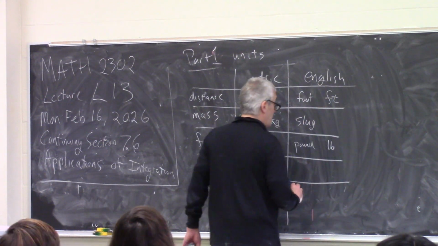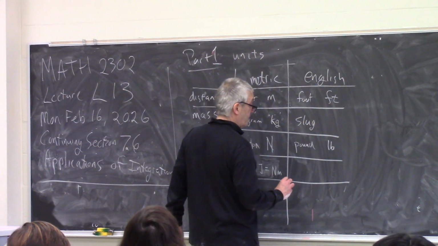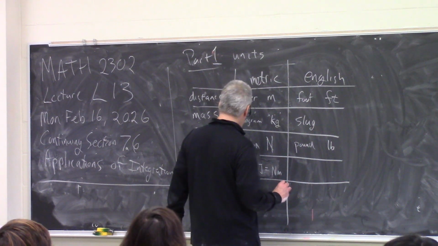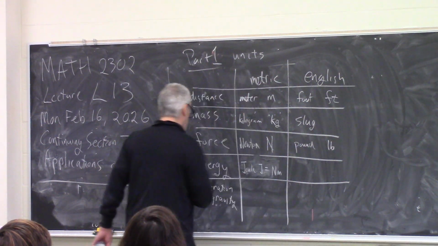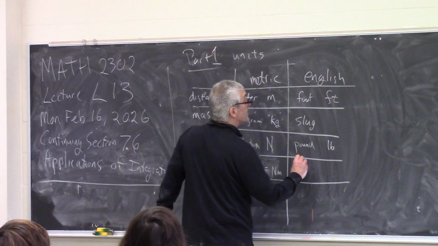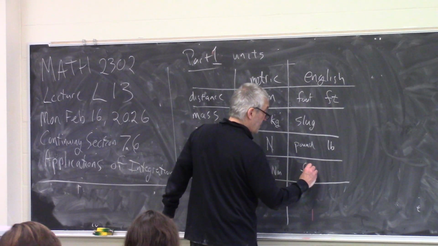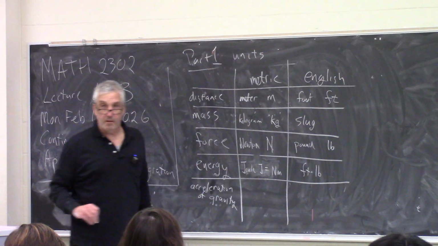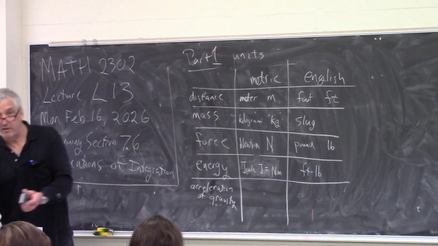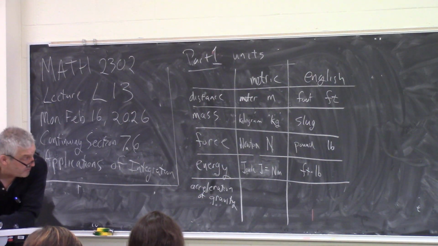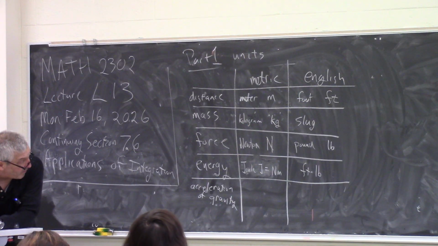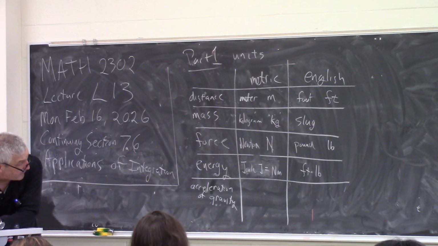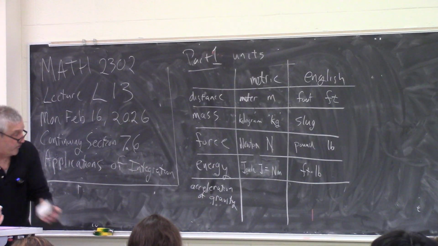So for the unit of energy or work, we're going to be using foot times pounds. British thermal units, BTUs, are a unit of energy, but we're going to be using just our unit of force times our unit of distance to get a unit of energy.